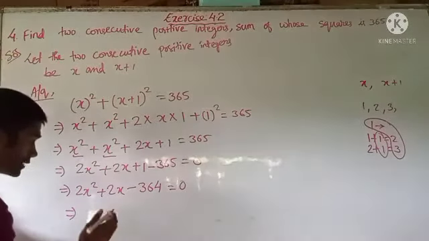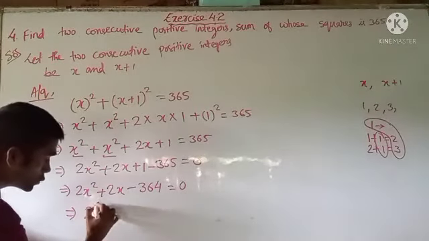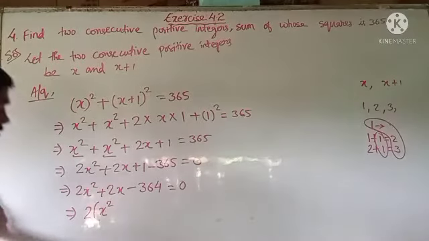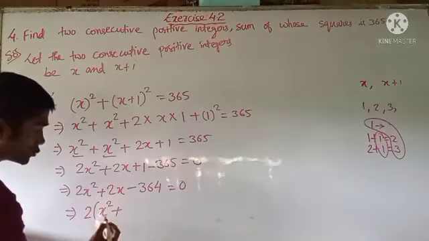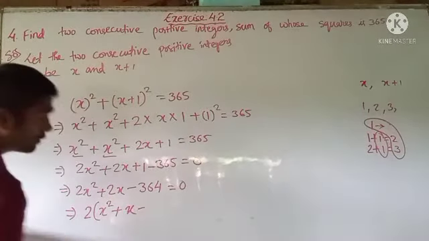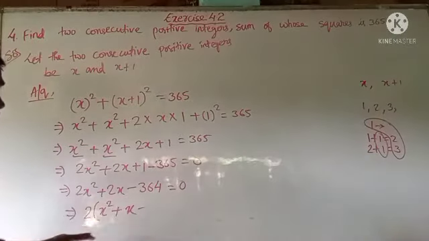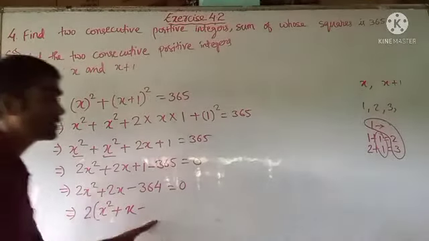Now we can see that 2 is common here, so we'll take 2 common in order to reduce this number so that it will be easy for us. From 2x square, taking 2 common, then x square is left, plus from here also we are taking 2 common, then x is left.